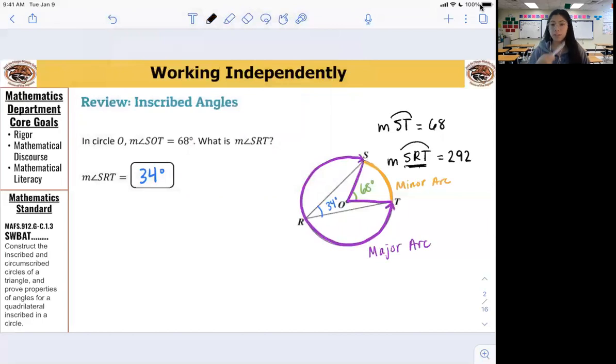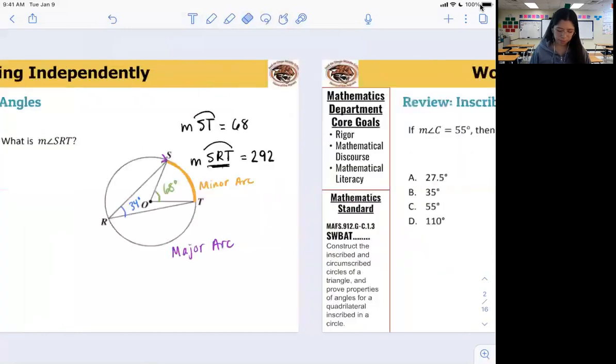Because all circles add up to 360, right? So for that reason, that's what we get. Any questions on that? Makes more sense. Good. Any other questions? Awesome. Cool. All right, let's do another one.